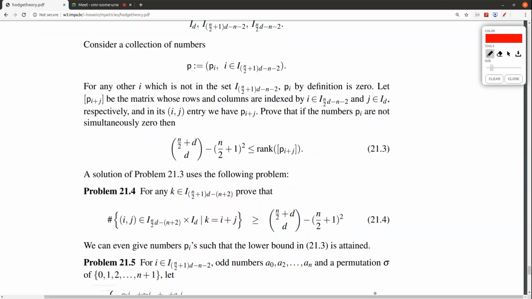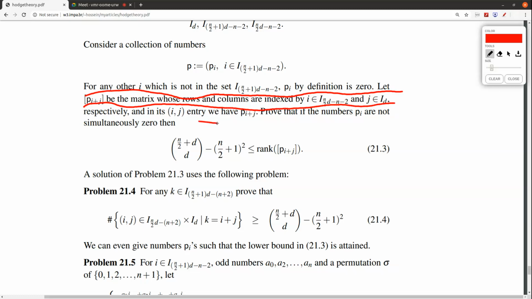So you take this vector, and by definition, for any I which is not in this set, P_I is 0. So let's define the P_ij matrix, whose rows and columns are indexed by these.